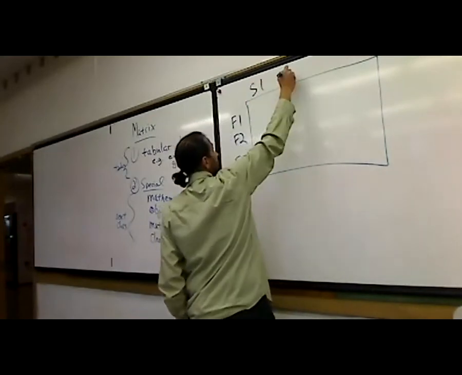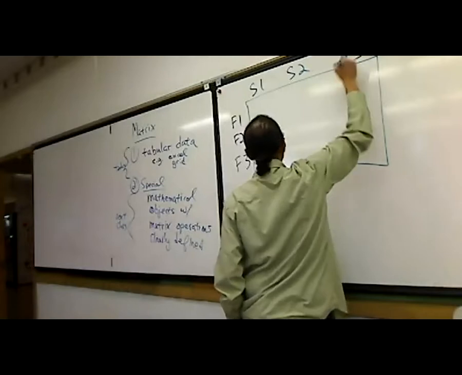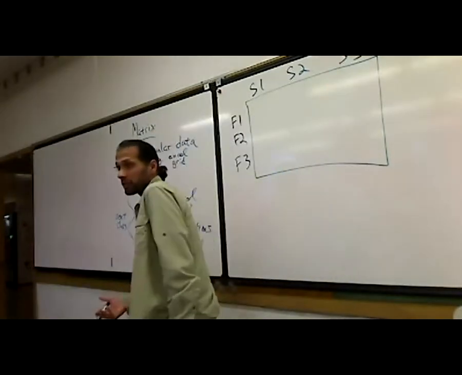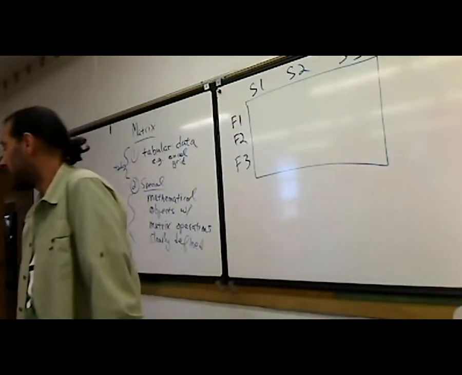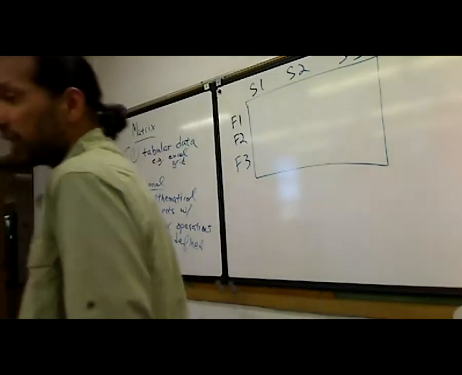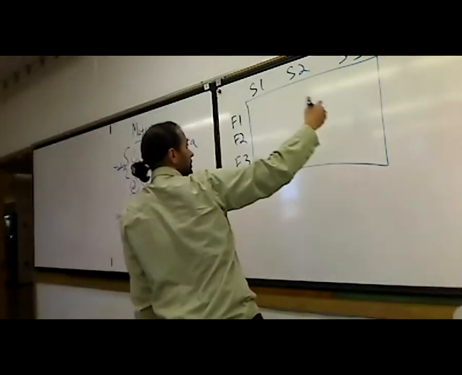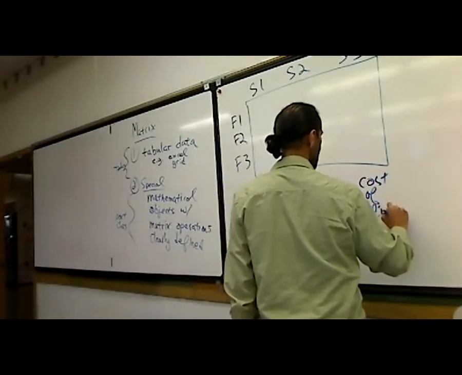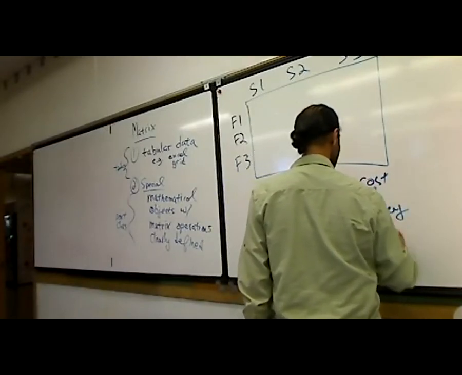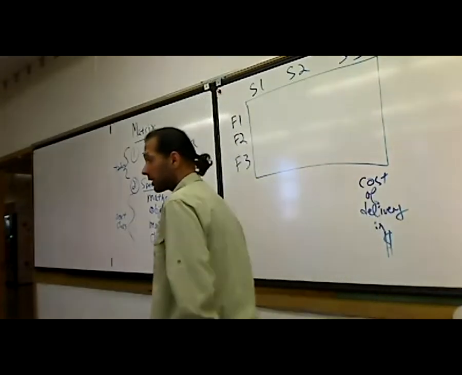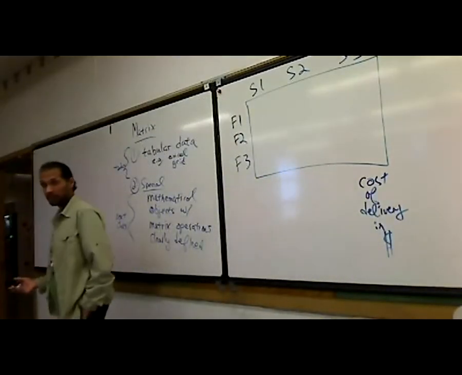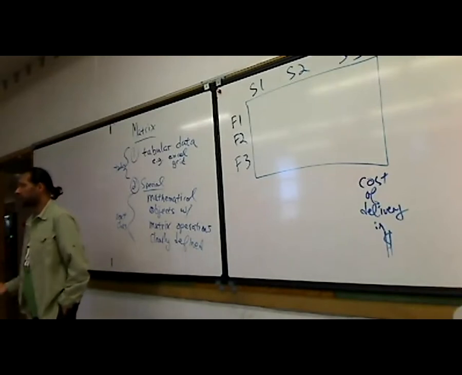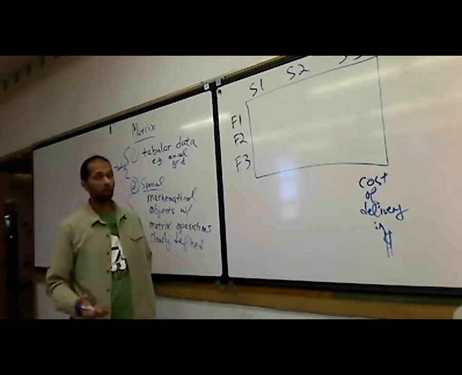Call them store 1, store 2, and store 3. And you want to capture a relationship between each of them and say, what is the cost of delivery between factory and store? And so you could go from any one of these factories to any one of these stores, and you could represent that as tabular data or a matrix.